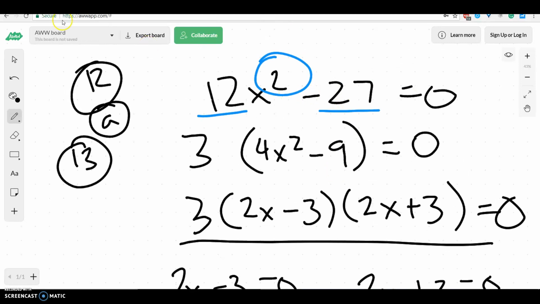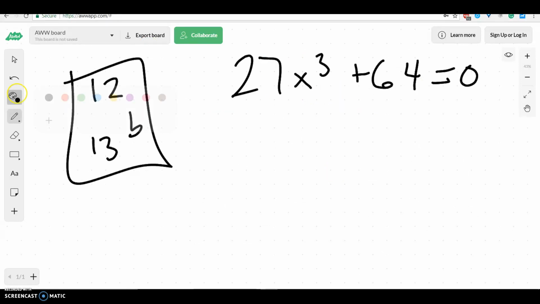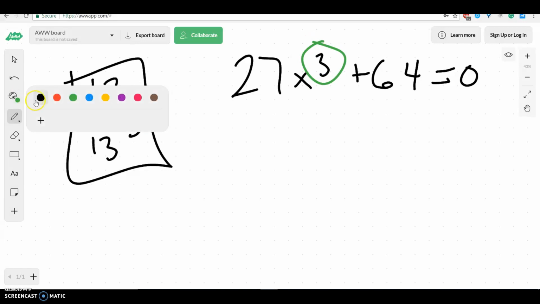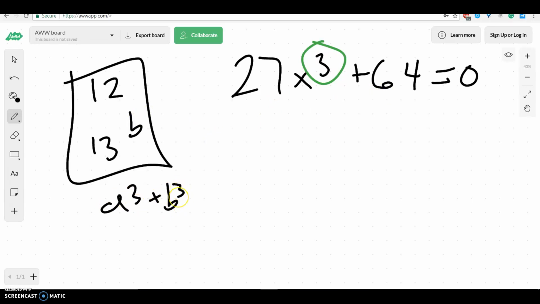Let's try another one. When I look at this, I go, this thing should have 3 answers. And this thing is a cube with 2 different terms. So I go, oh, I know what this is. This is an a cubed plus b cubed situation. So let's see if we can write this in an easier format.